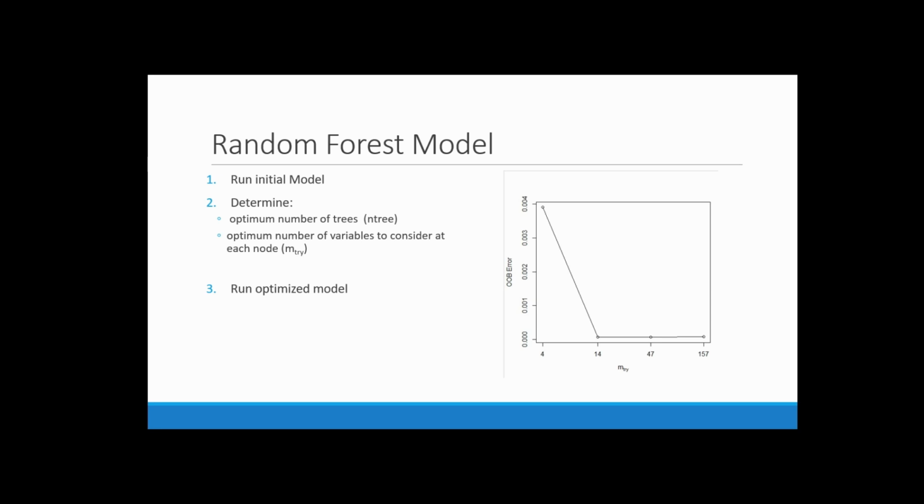This particular graph is the one we use for determining how many variables the model should look at each node on each tree. So you can tune your model by adjusting that. This is called the mtry. You can also optimize your model by telling it how many trees to run, and you get another graph that helps you make that decision.